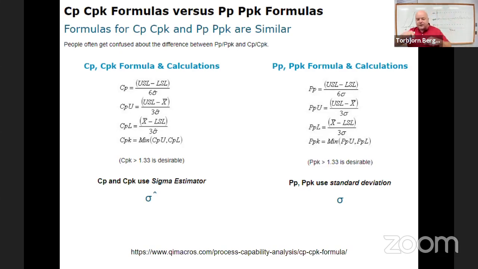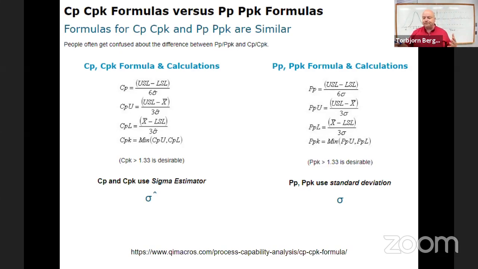The sigma with the little hat, you look it up in a table, and it's based on what the distribution should be for that type of data. And the one that doesn't have the little hat is from the data that you actually calculated.